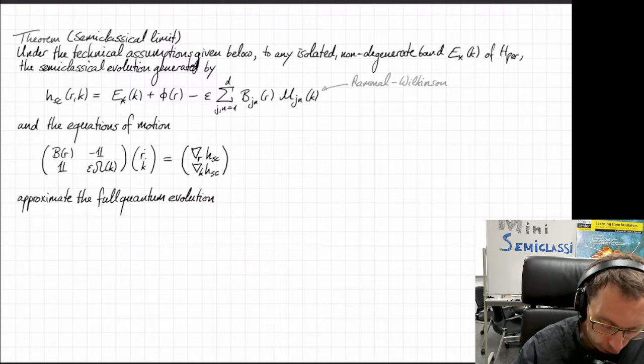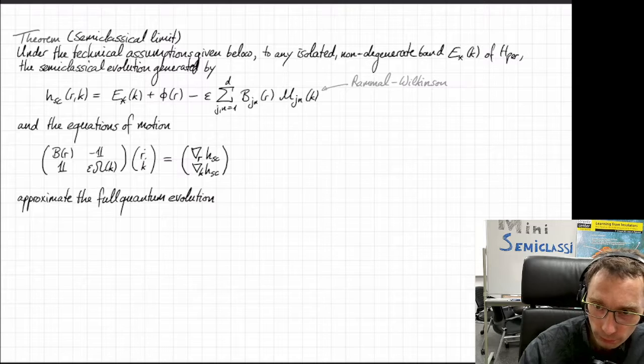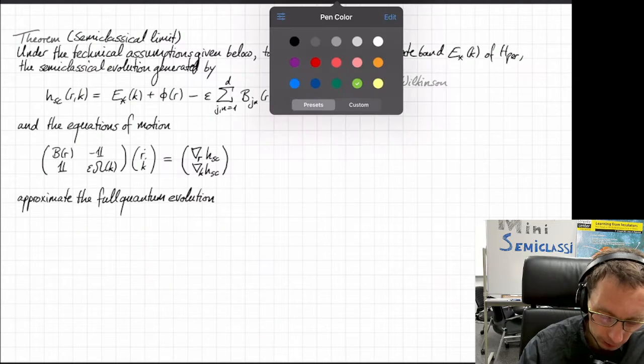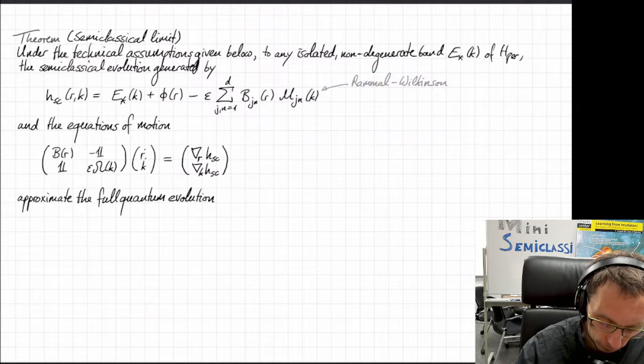Well, first of all, we have to pick our relevant states. So let me put that in purple. So let me just be a bit vague and say for states associated with E star.